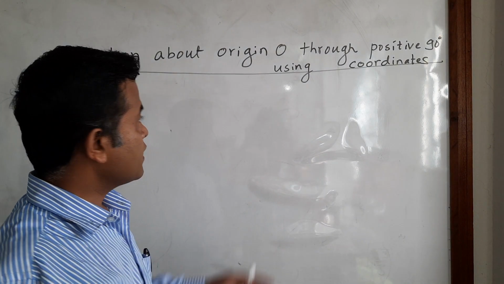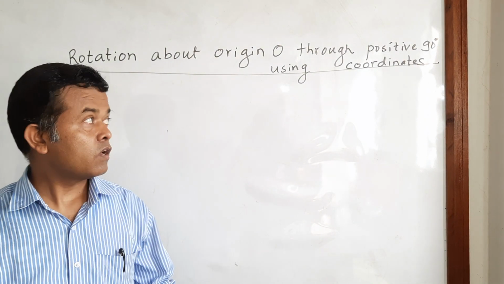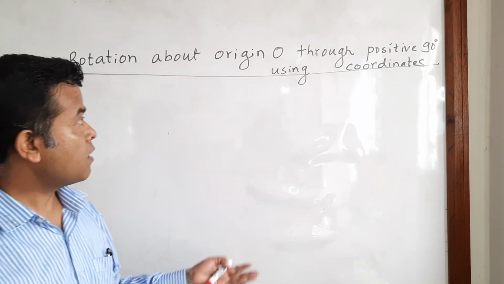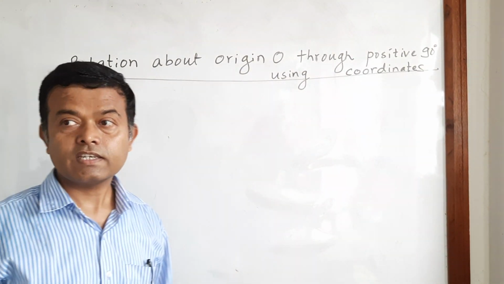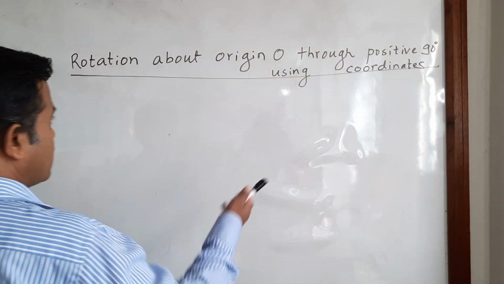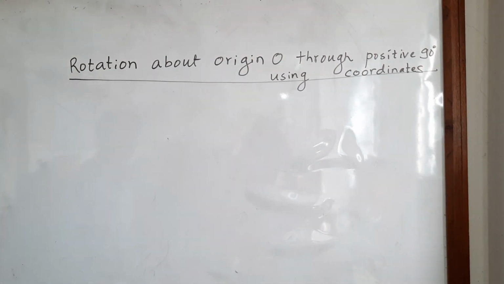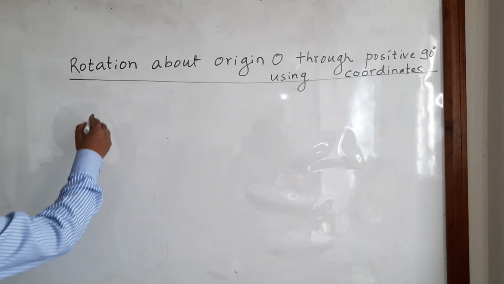In this case, coordinates will be given and we will rotate the object about origin through 90 degree in anti-clockwise direction. So now get the formula for the rotation about origin O through positive 90 degree.